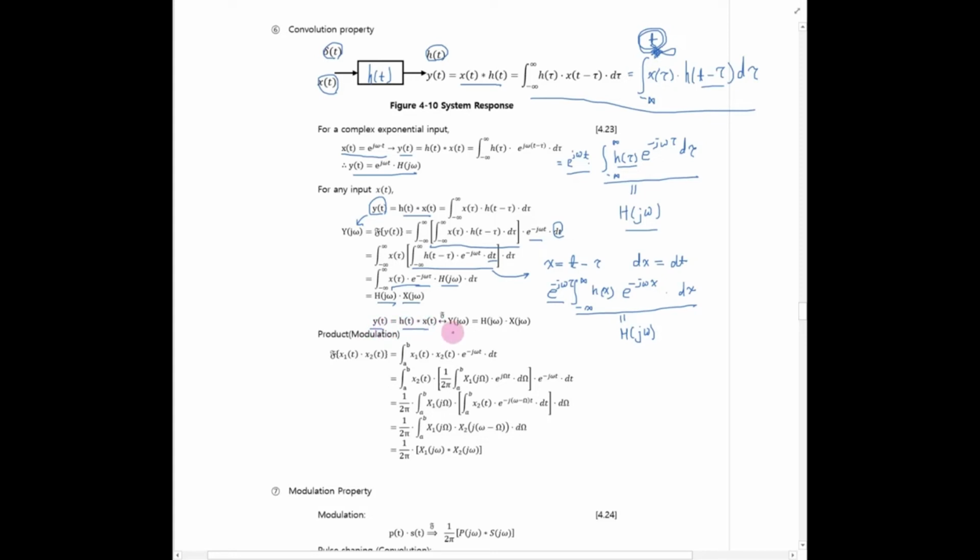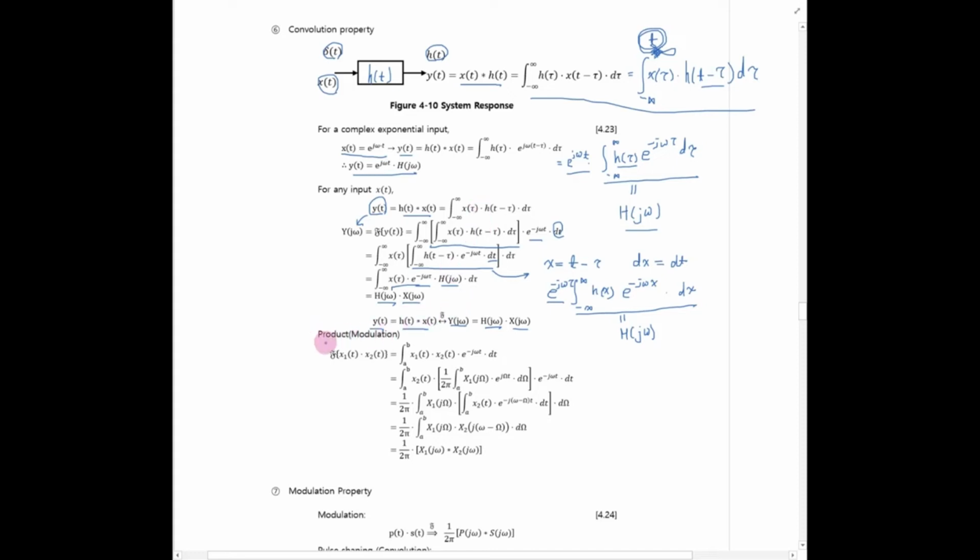Then in the Fourier domain, the output's Fourier transform equals H(j omega) times the input's Fourier transform, the product. So convolution in the time domain corresponds to the product in the frequency domain. This is the important property of convolution.